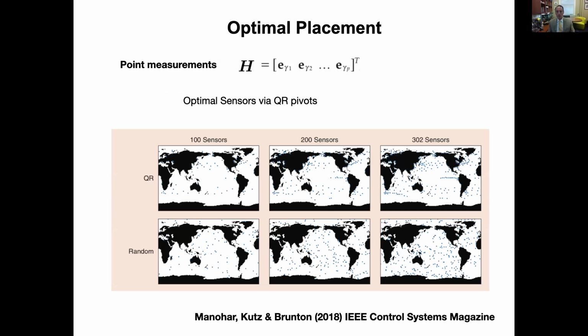The interesting thing about that whole thing is we can also then talk about sensor placement. Before I just said, here are your sensors. Now I want to talk about, yeah, but where should I put sensors? I mean, that's a big question to ask.